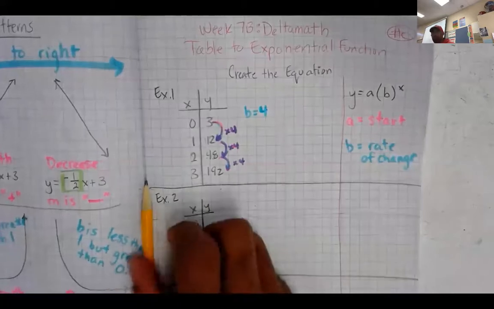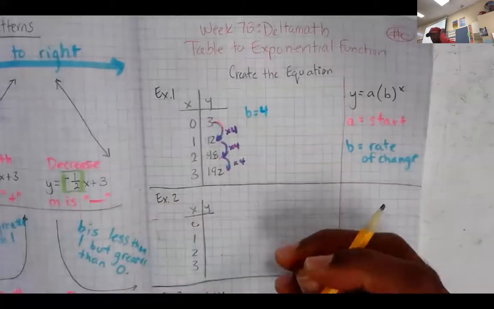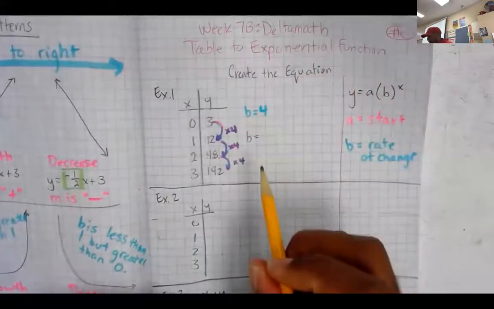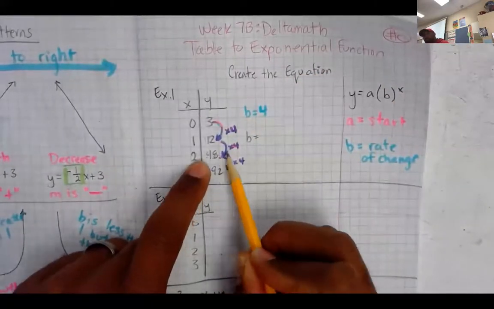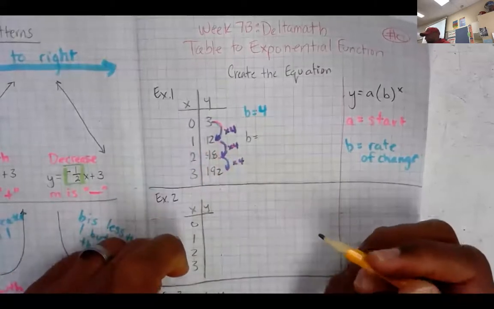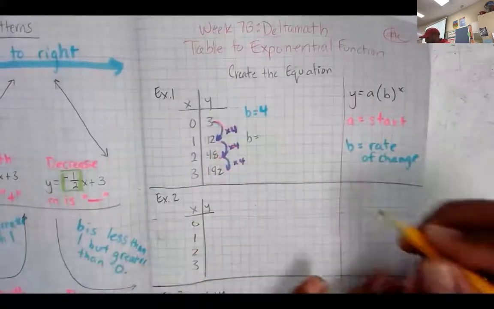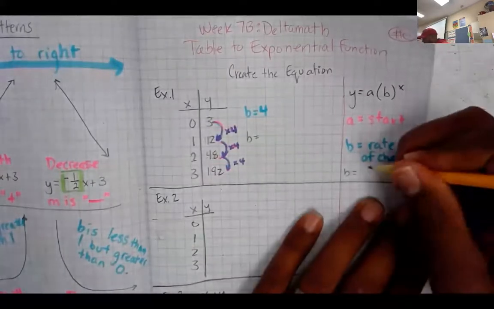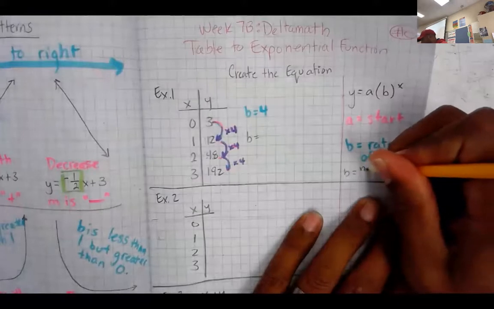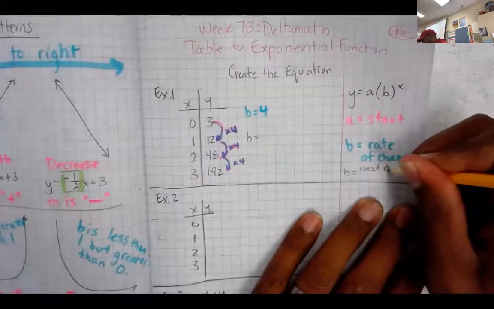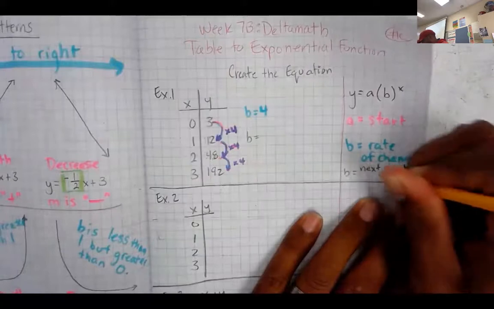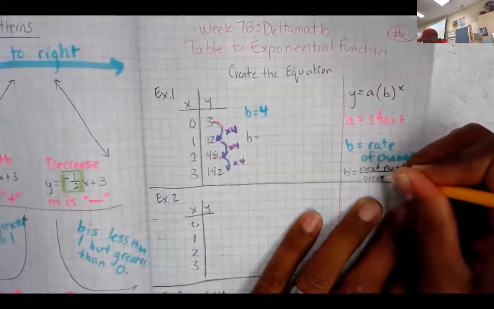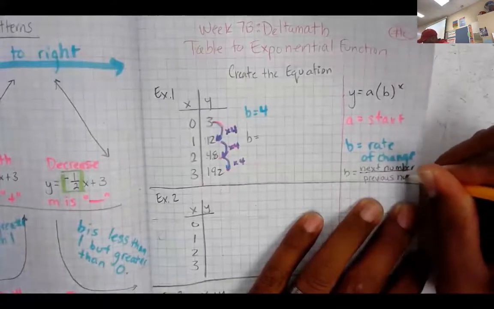There is another way to find B. Instead of just looking at it and trying to recognize it, you can take one of these numbers and one of the numbers before and divide them, okay? So what you do to find the B, I'm gonna write that over here first. You take the next number and divide it by the previous number.